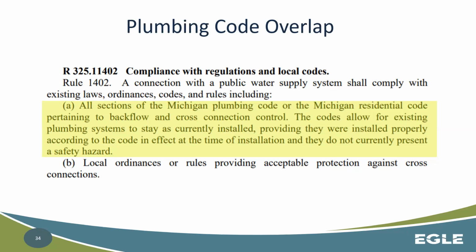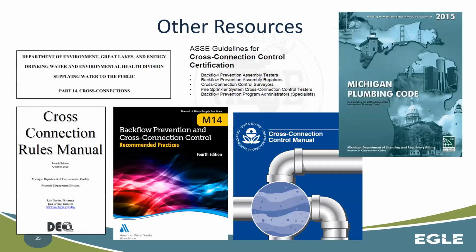And in general, in addition to the plumbing code, we've got the Safe Drinking Water Act. It's Part 14 that is specific to cross connections. The EPA has their cross connection manual. The American Water Works Association has a cross connection manual. We have our own rules manual, which is very much due for an update.